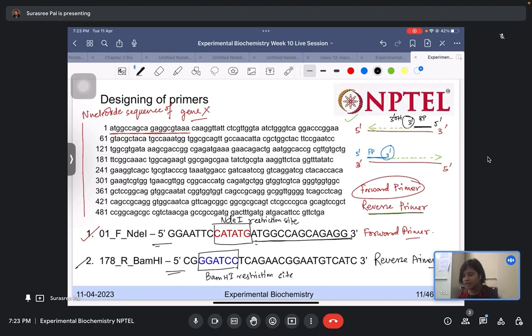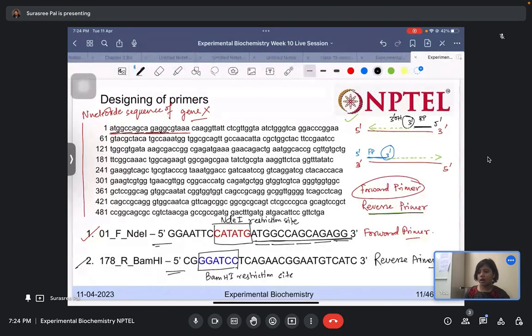So you can see it here: ATG, GCC, AGC, AGA, GG. So this is exactly the same sequence as the 5' end of the gene, right?